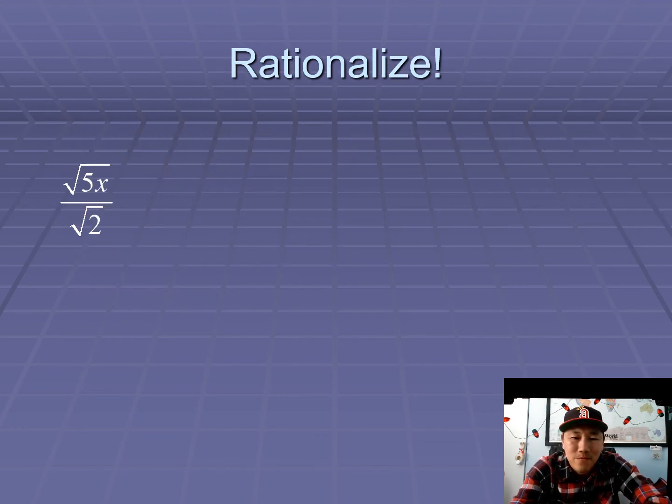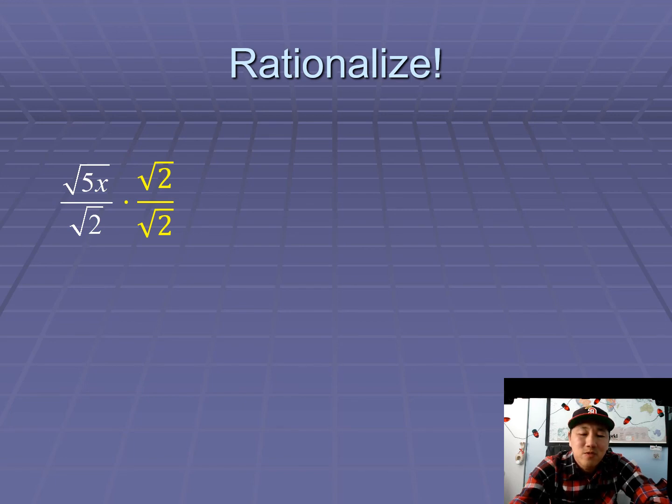So if you notice in this expression, there is a radical 2 in the denominator. To rationalize, all you have to do is multiply the top and the bottom by the bottom. There it is. So notice the bottom is radical 2, so I'm going to multiply both the top and the bottom by that.